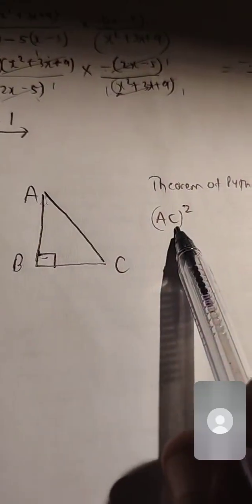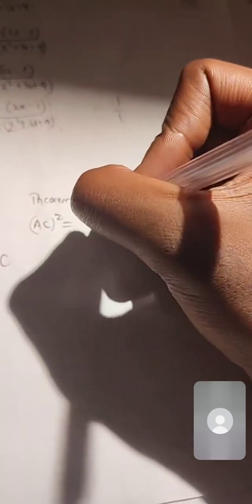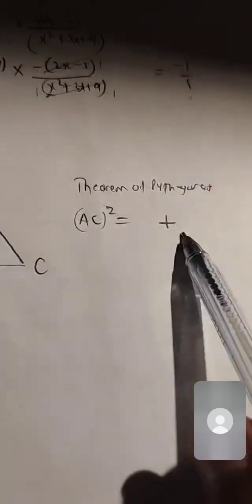We call the side AC a what? Hypotenuse. Thank you. So the theorem of Pythagoras says that the square of the hypotenuse side, AC, is equal to the sum.